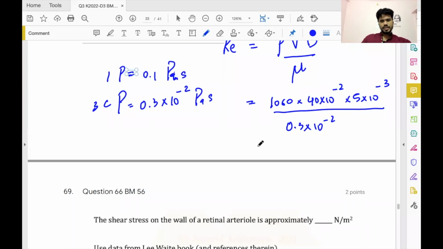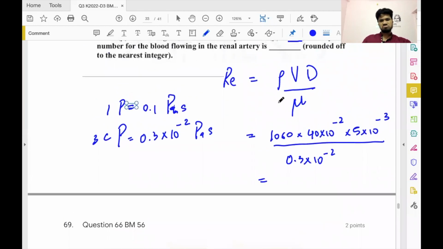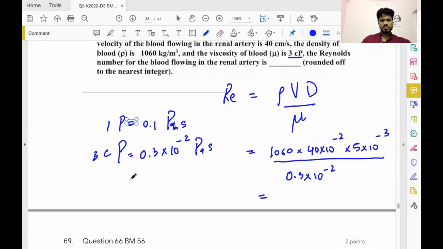Again, I note that hardly anyone got this correct because of this one damn thing: what is poise? Roughly 706.7. Rounded off to the nearest integer, 707.